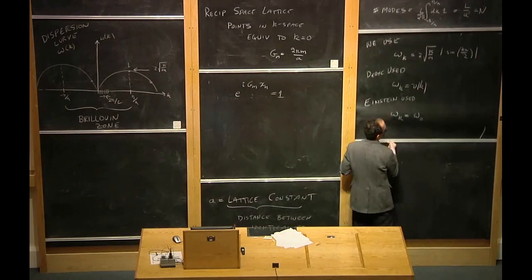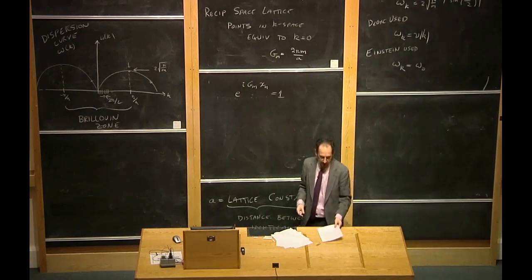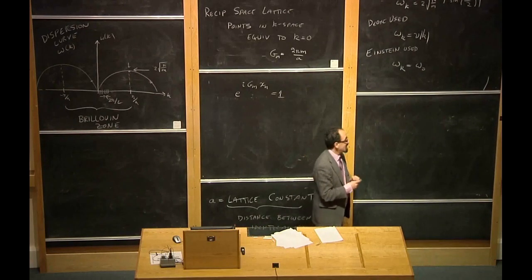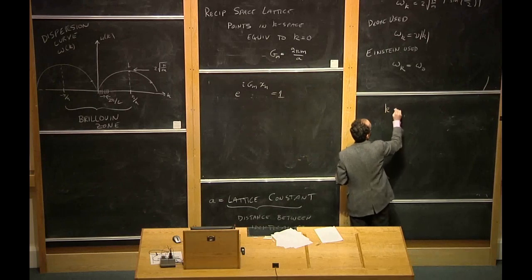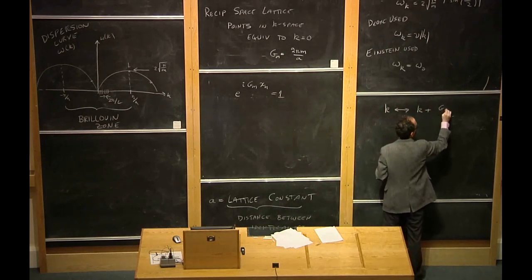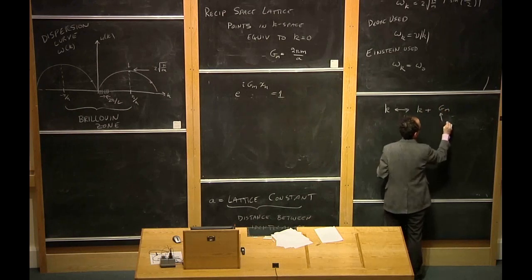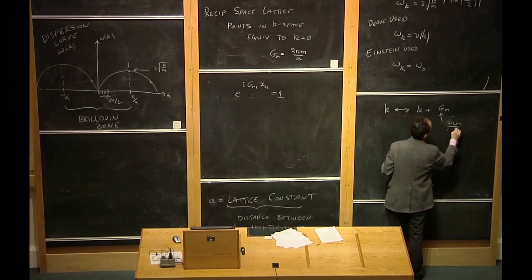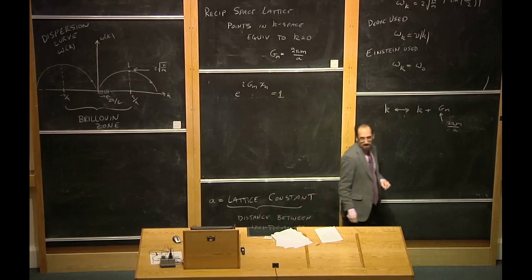There's one more rather important concept that we need to introduce today, which is, again, coming back to this idea that k and k plus a member of the reciprocal lattice, 2 pi m over a, represent the same wave.